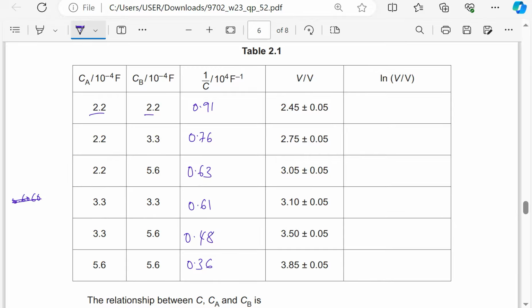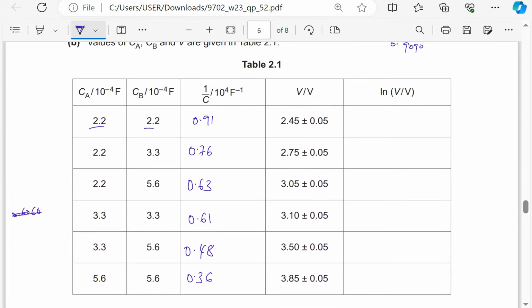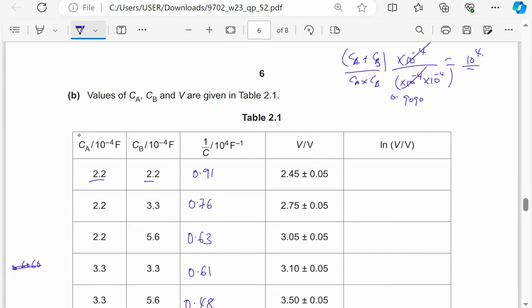Then ln of V. Of course, the rule for ln or logarithm, whether it is log or ln, is that the number of significant figures becomes the number of decimal places.